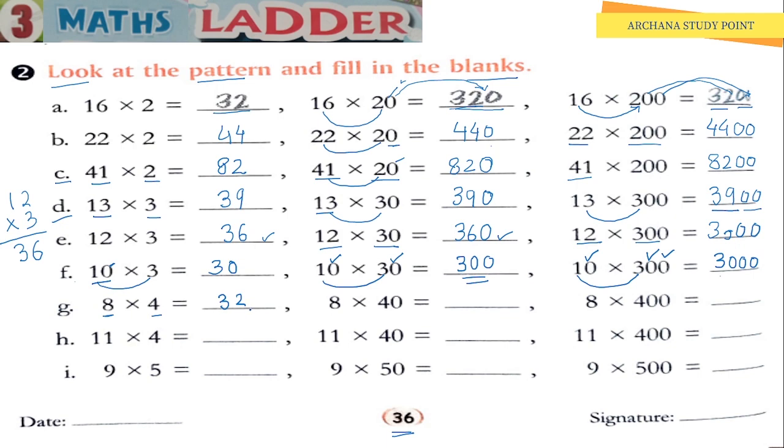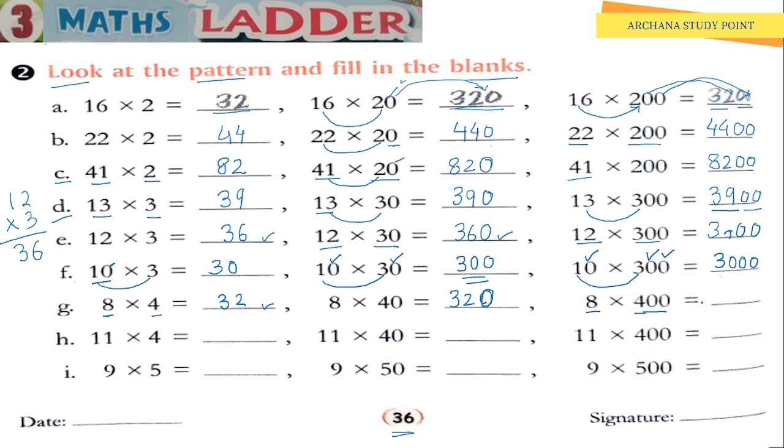So the answer is 32. Now 8 multiplied by 40, 8 fours are, we have already calculated, 32. So I'll write 32 and put 1 zero at the back. So the answer is 320.